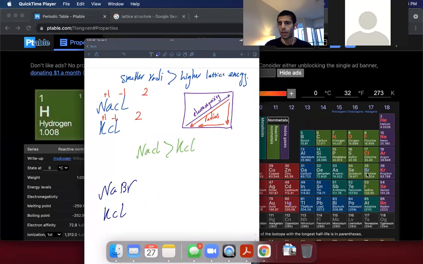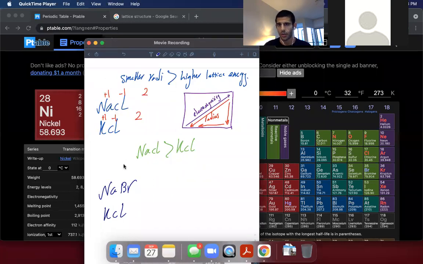Br has a greater radius than Cl. So you see there's a mixed message. Do we actually get this type of question on the exam? No. If you're meant to compare the radius, it's only one of them switching. So you can easily use the trend to answer the question. So it's actually pretty straightforward.